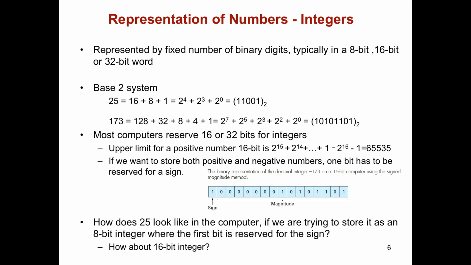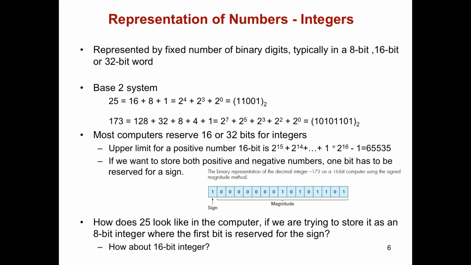Okay? So if I actually had a 25 here, and let's say that we go with a 16-bit integer that I have like containers here, how would 25 look in this container? What would I have as a sign? There would be a 0 here because it's positive. 1 is for negative.